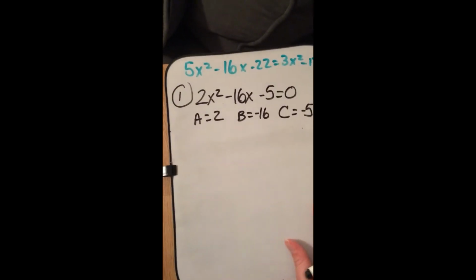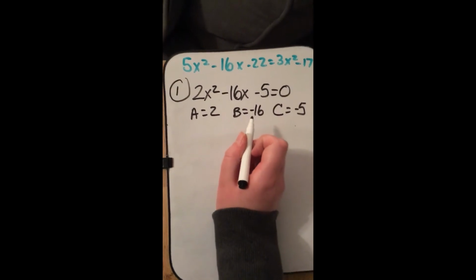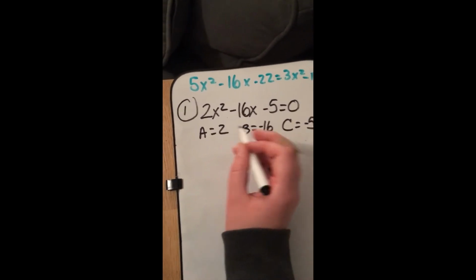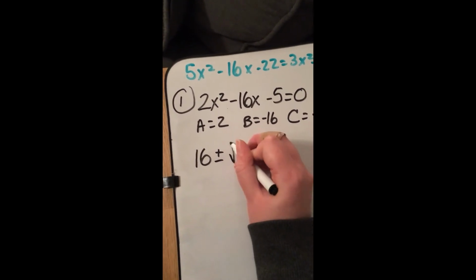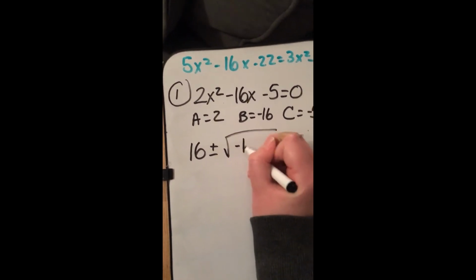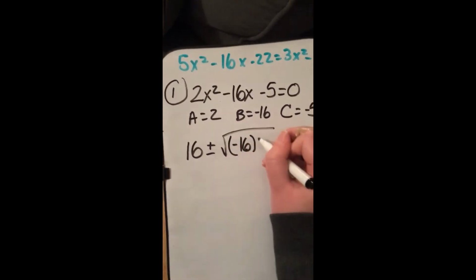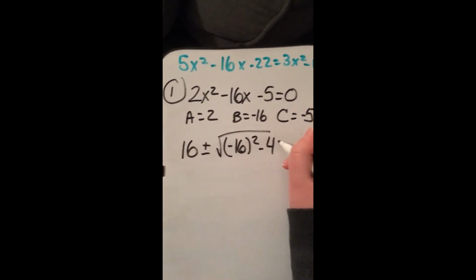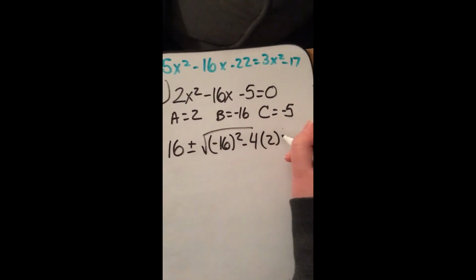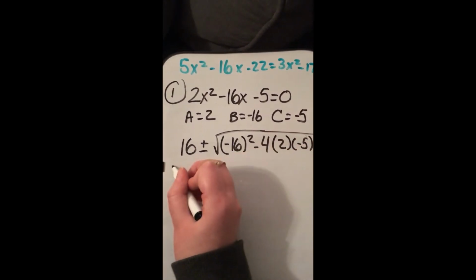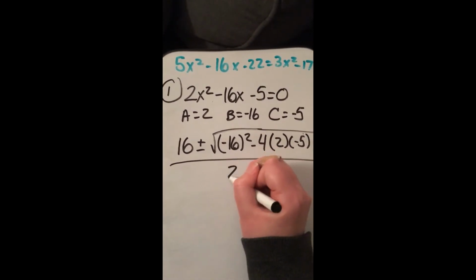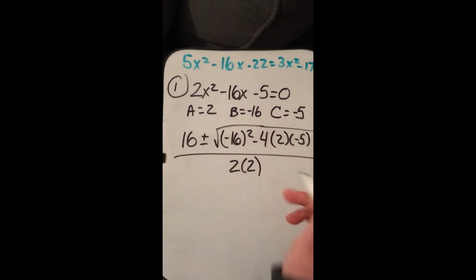Let's plug it into the formula. Negative b, so it's a negative times a negative, which is a positive, plus or minus the square root of b squared minus 4 times a times c, all over 2 times a.